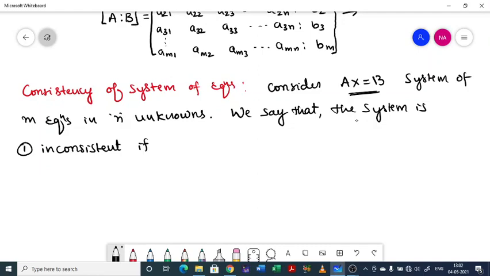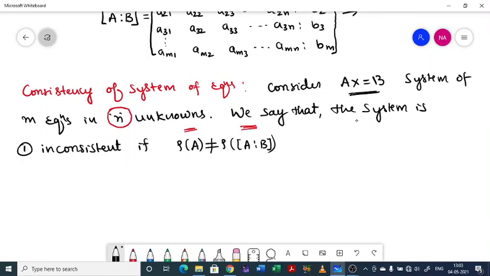See, you need to determine two parameters here, rank of A and rank of augmented matrix A colon B. So totally, we will be having three parameters. Parameter number 1 is most important, then parameter number 2, parameter number 3. We say that the given system of equations Ax equal to B is inconsistent if rank of A is not equal to rank of AB.